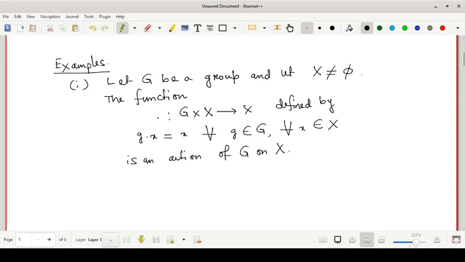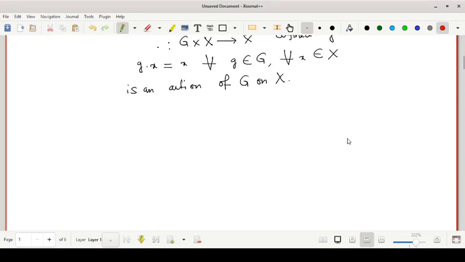Verify. This is a very trivial example. Let us verify. How to verify? You choose two elements, say g1, g2 in G, and let x belong to X. Then what is g1 g2 acting on x?